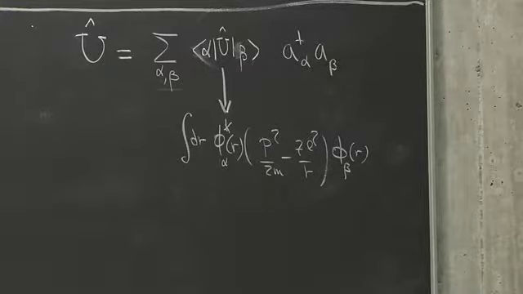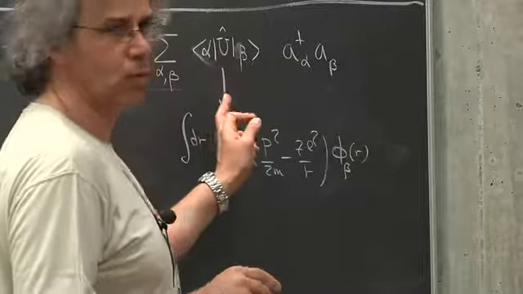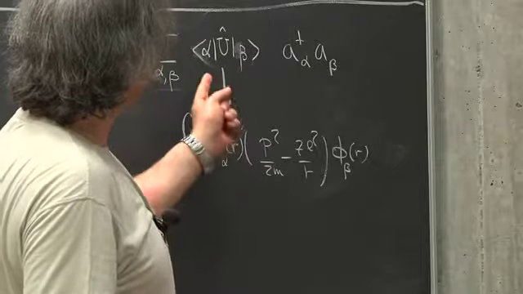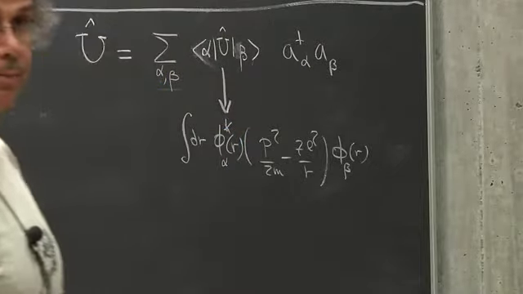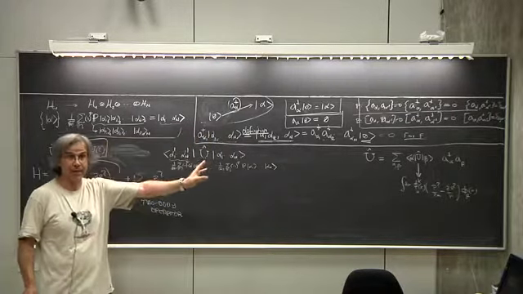Now, you just calculate once and for all the integrals that you need here, whatever they will be. And at that point, the operator is just that. Okay? This is what I have to show to you, okay?